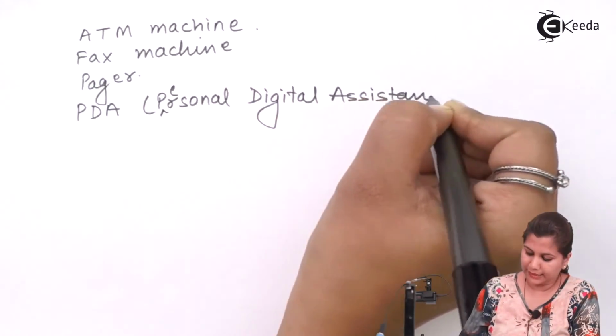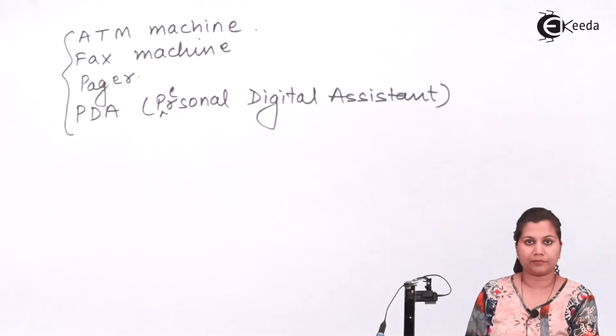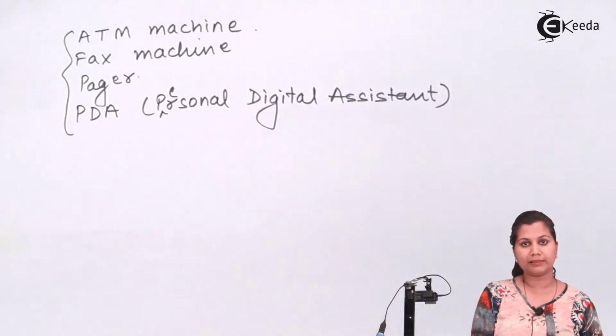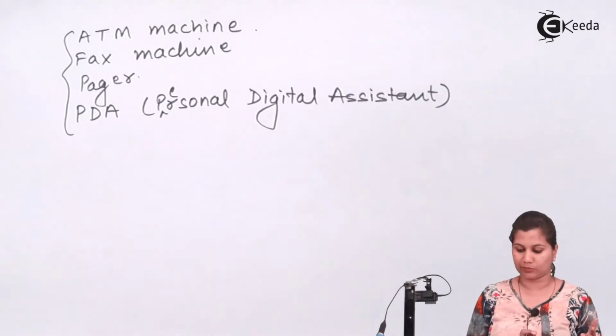All are examples of medium scale embedded systems. Complexity is more as compared to small scale embedded systems, but less than sophisticated embedded systems.